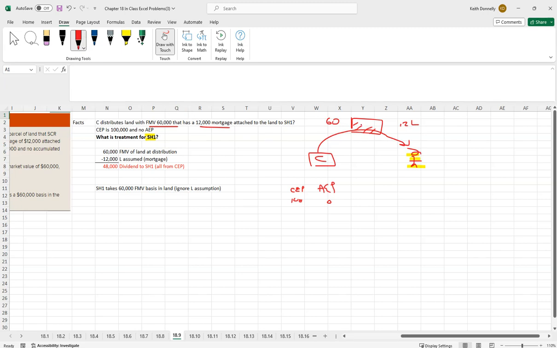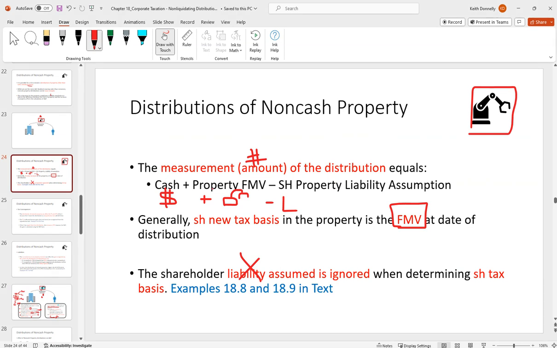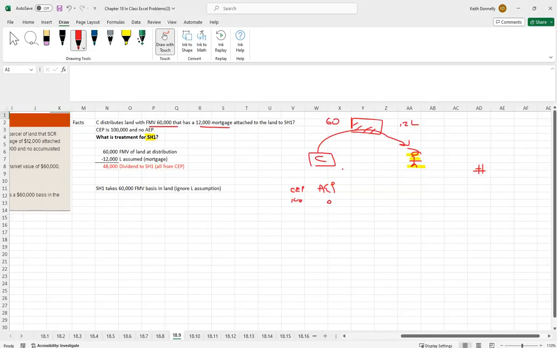Okay, so we got some stuff here. We got to put a number on it. In this case, we said it's cash plus property fair market value minus liability we assumed. So here, we didn't get any cash, but we did get property of 60 and minus the liability we assumed of 12.